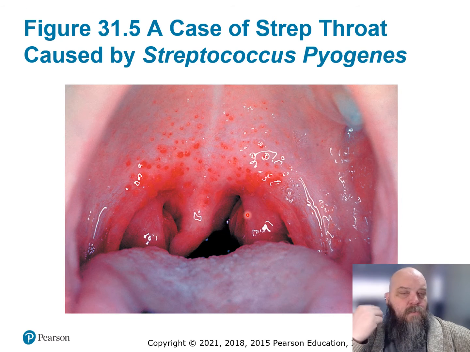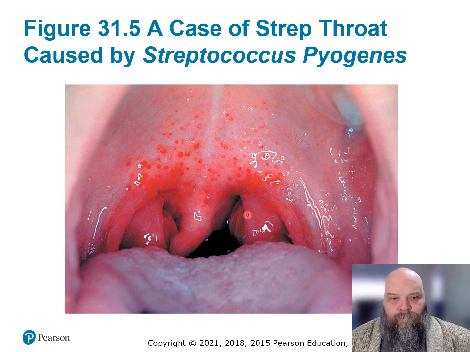Really damage to the tissues. All of these areas of capillary beds bursting, you're going to have a release of bradykinin and others that are triggering an inflammatory response, and also our tissues and our brain recognize that bradykinin release as a pain signal. Part of the reason why it hurts to swallow when you have strep throat.